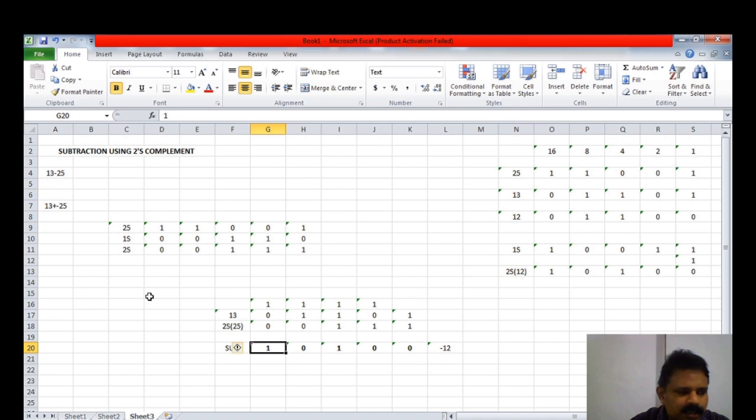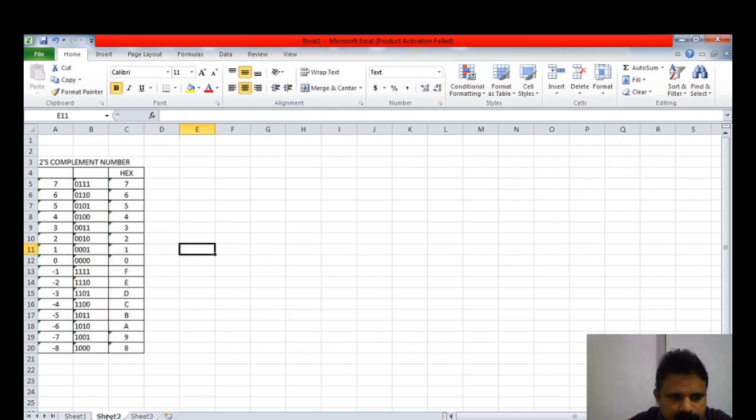So the result is minus 12. Our calculation is correct. Next, let us come to the two's complement representation of numbers using 4 bits. See here you can see the range is from minus 8 to plus 7.